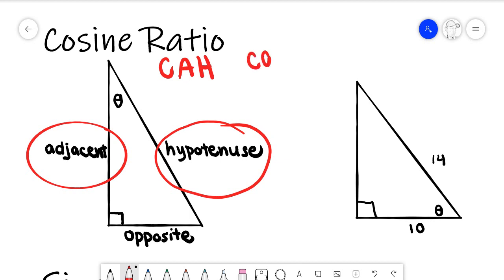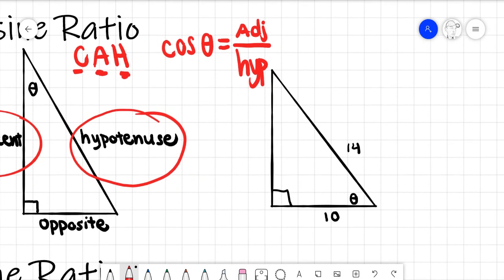So cos theta equals adjacent over hypotenuse. That's your formula there, and let's try it out with an example.